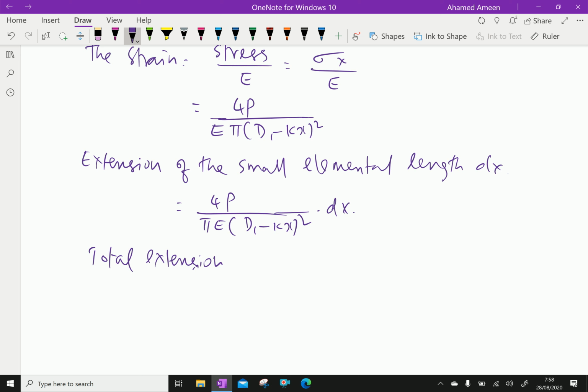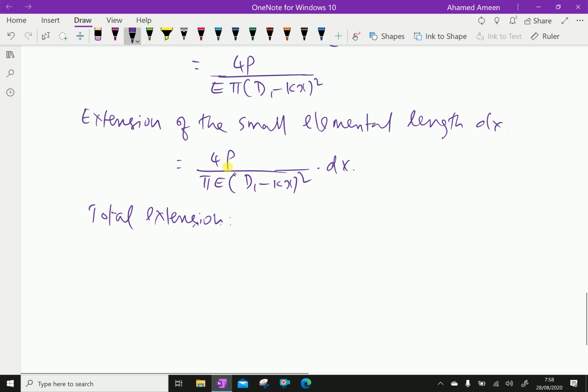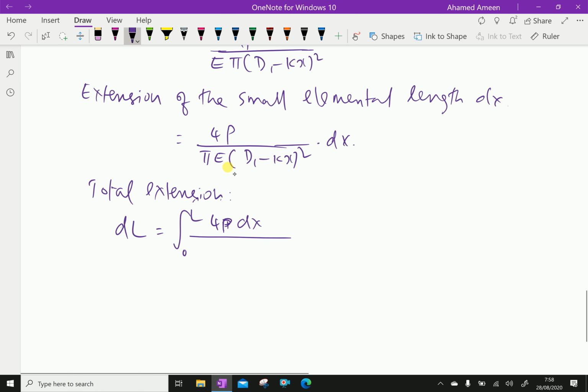Now the total extension can be found by integrating. Total extension is delta L, integral zero to L of 4P dx over pi E (D1 minus kx) whole square.